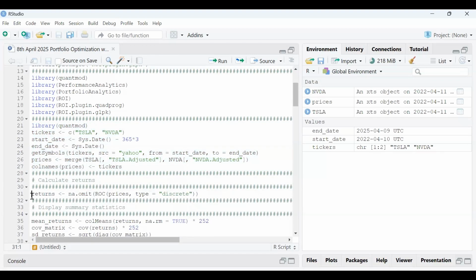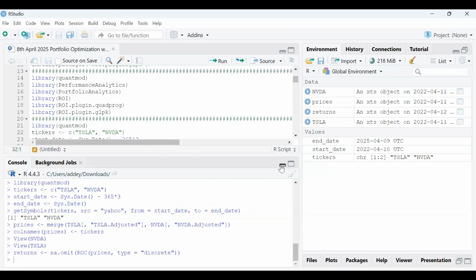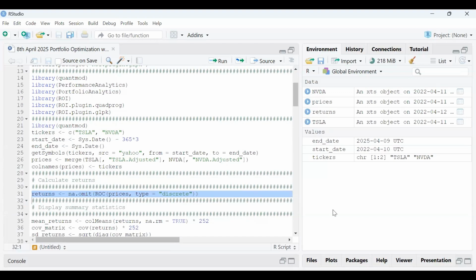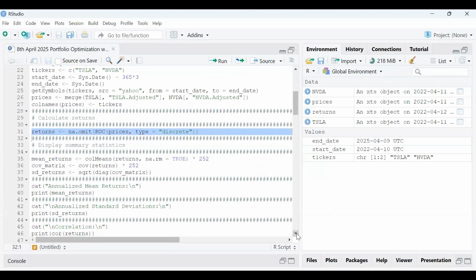Now, we need the returns. So I'll plot the returns because typically investors or portfolio managers are concerned about the returns. So I now have my returns data. Now, in the portfolio optimization concept, we typically need to understand our covariance matrix, know our standard deviation, and know our mean returns. So in line 35, I run and compute the column means.